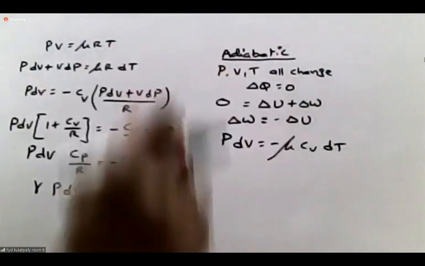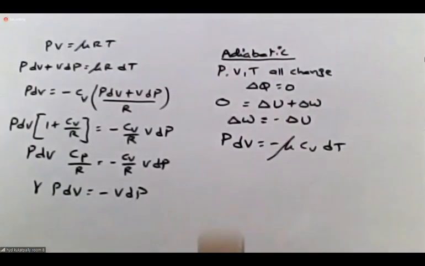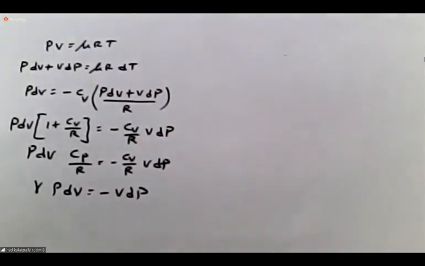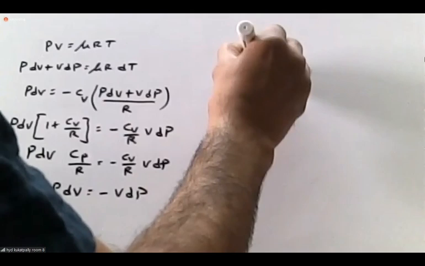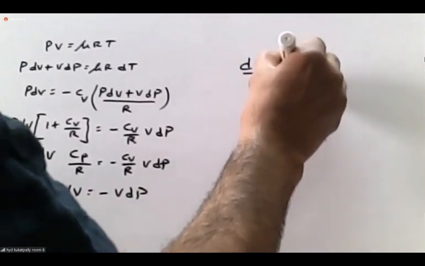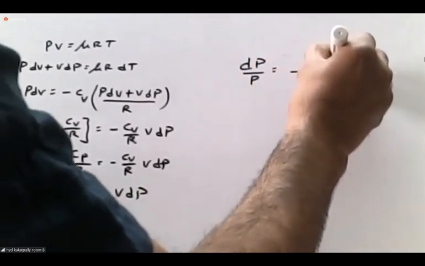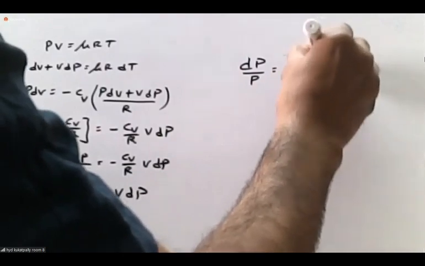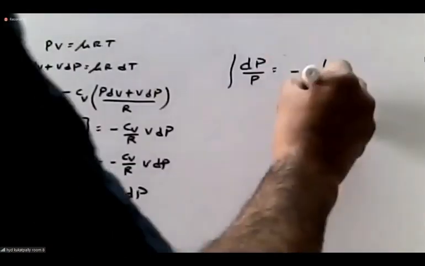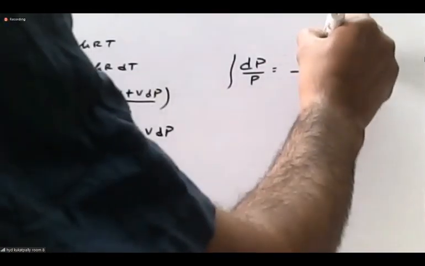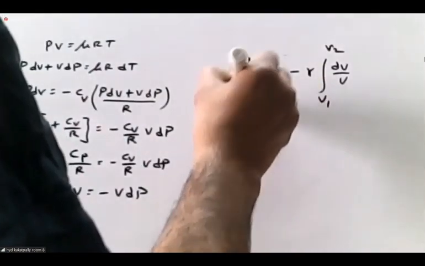This part I am erasing. Integrate, rearrange: dP by P is equal to minus gamma dV by V. Integrate. The gas in the adiabatic process is subjected to a change from V1 to V2 where pressures are P1, P2.